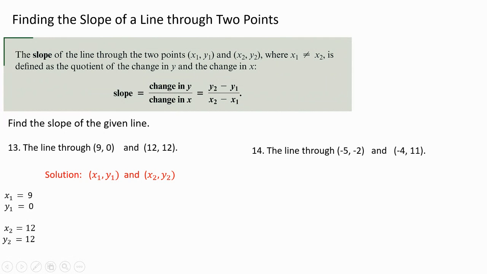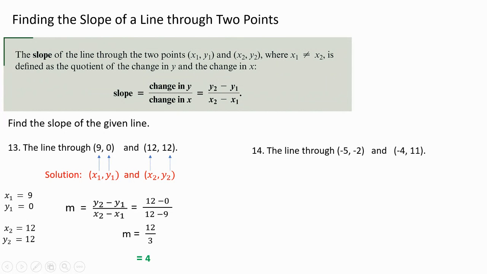So x2 is 12 and y2 is 12. Right, there's my x1, y1, x2, and y2. So the slope is y2 minus y1, so it's going to be 12 minus 0 over 12 minus 9. So it's going to give us 12 over 3, which means my slope is going to be 4.